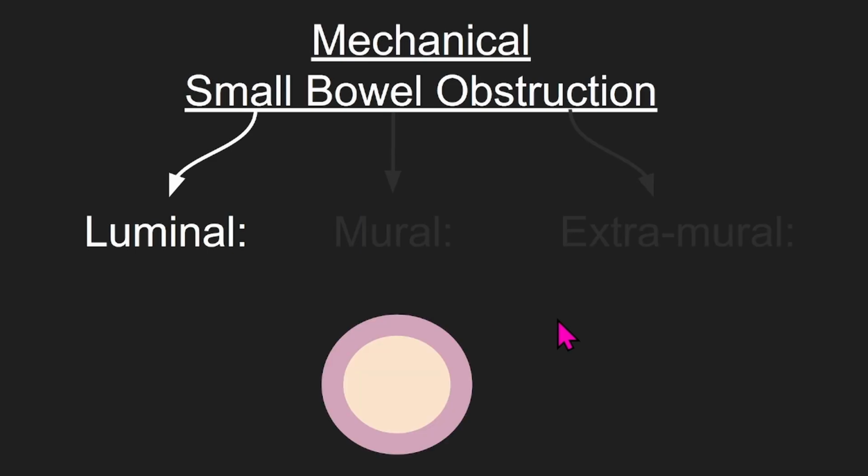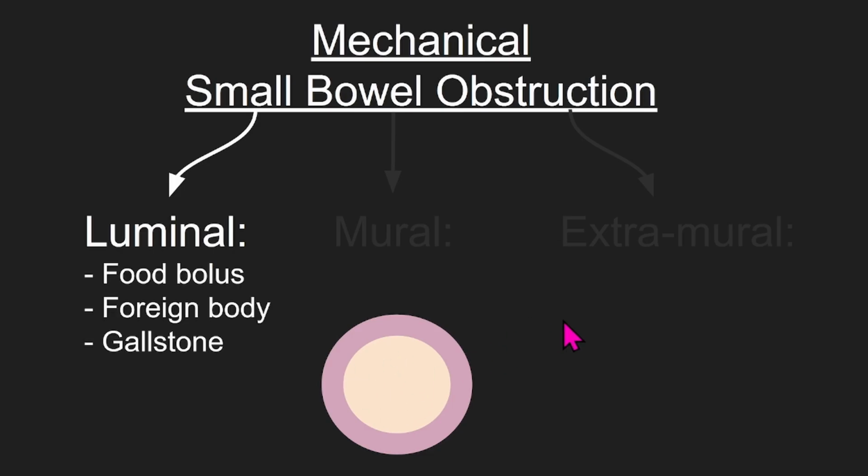Let's focus on the luminal causes first, so causes that are here within the bowel lumen itself. Here's a reasonable list of causes for you to remember. So food bolus, foreign body, and gallstone. If you eat something that cannot be digested very well, or food that is poorly masticated, that could cause a small bowel obstruction. A foreign body, like a large marble or a coin or something like that, could block the lumen.